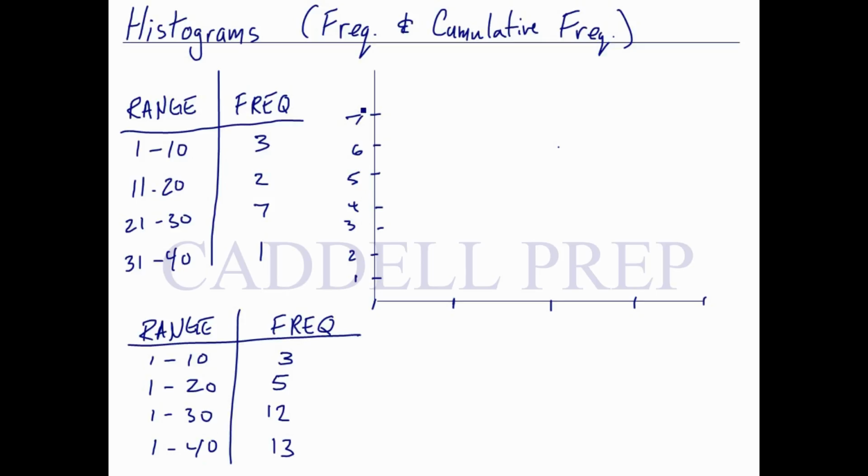So we have to change this a little bit because here the greatest value is 7, but for cumulative frequency we have to go up to 13.